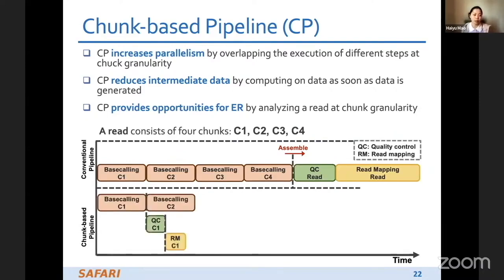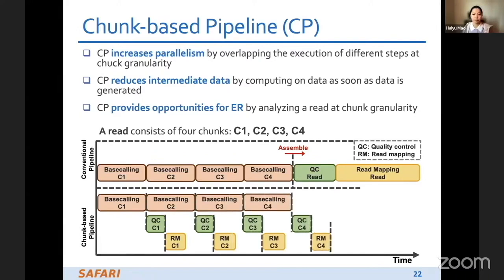We do the quality control on the first trunk, and we do the partial read mapping computation on the first trunk. After finishing all of the trunks, we assemble them and finish the rest of the read mapping computation at read granularity. Here you can see we saved a lot of computational cycles.